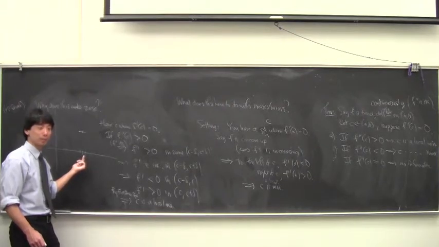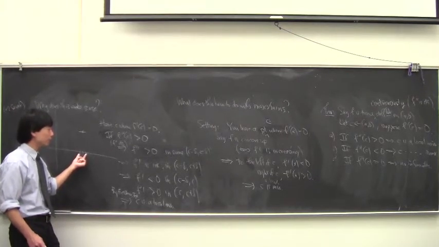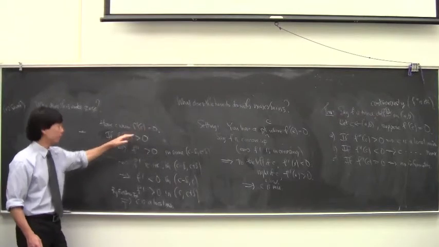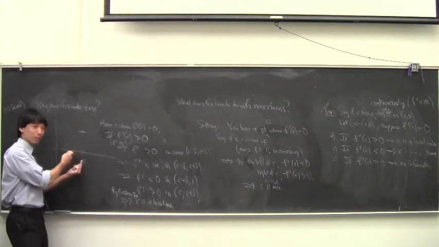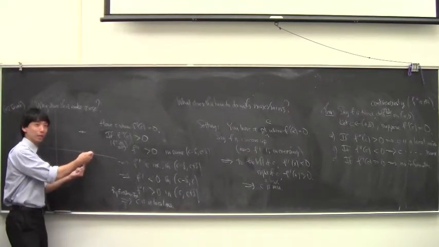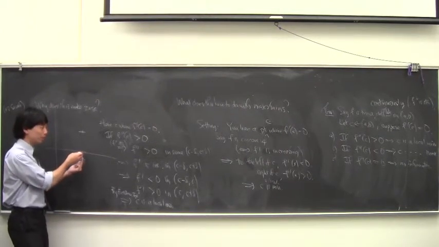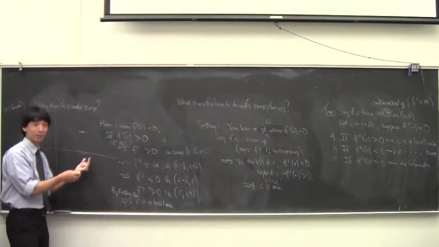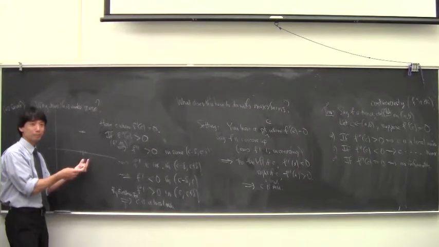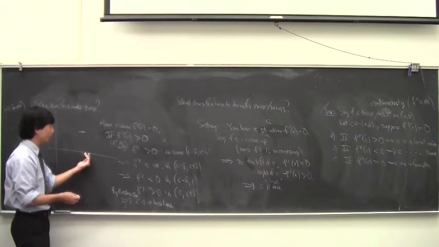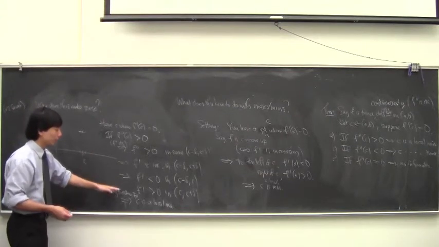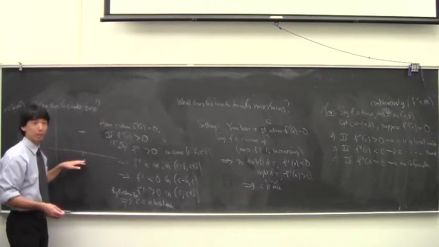Well, if f prime is increasing and f prime is 0 here, then it must be negative here and positive here. Because it's 0 in the middle, if it's increasing, it must be less than 0 here and more than 0 here, because f prime is increasing. So f prime is less than 0 here and more than 0 here. So by the first derivative test, that must be a min.